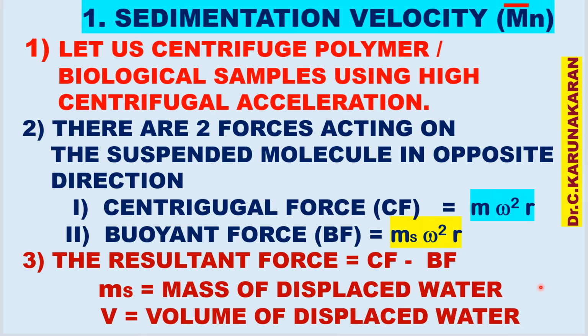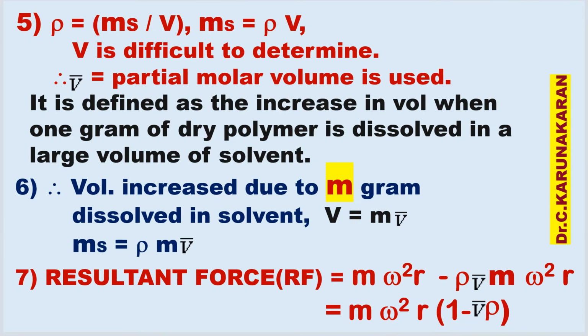What is V? V is the volume of displaced water or solvent. The density of the solvent is equal to the mass of the solvent divided by the volume of the solvent. Therefore, on rearranging, ms equal to rho V.